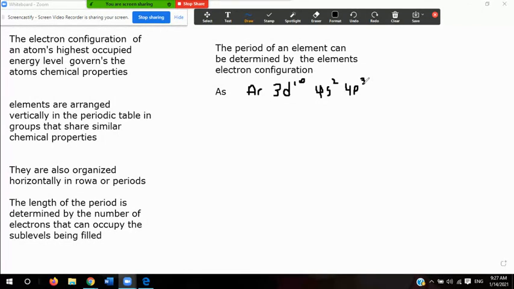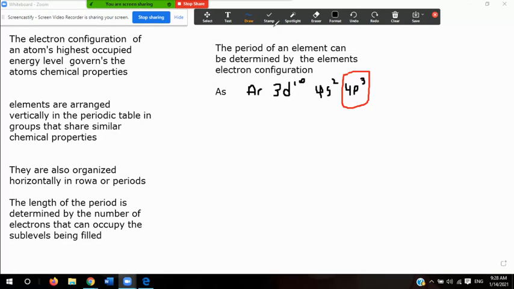If you notice, the 4 in 4p3 indicates that arsenic's highest occupied level is the fourth energy level. So by looking at the 4p3, I know that the highest occupied energy level is 4.